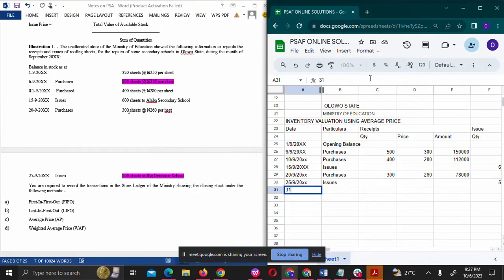Then on the 31, 9, you have the balance.